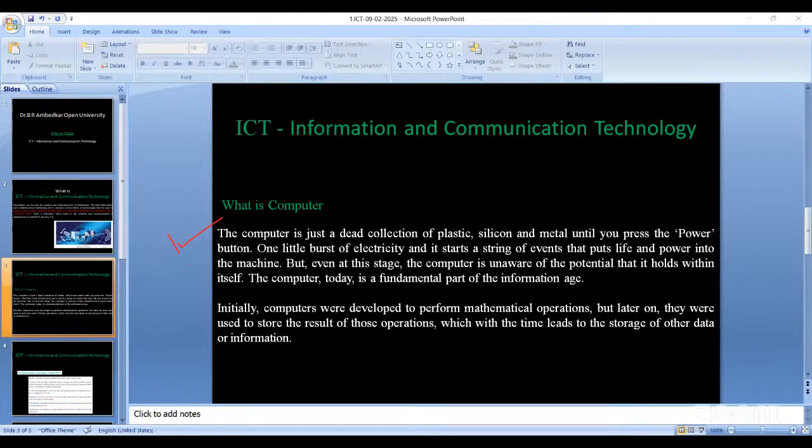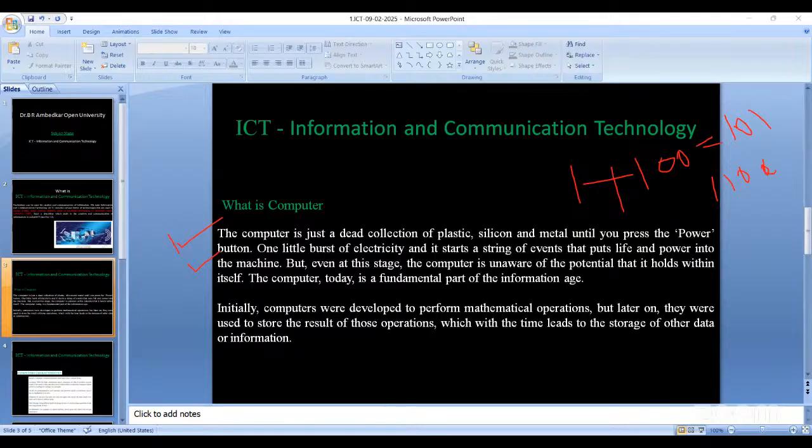Next one is accuracy. Accuracy means without mistakes. Without mistakes, we call it accuracy. For example, again 1 plus 100. Somebody will say it is 101. Somebody will say it is 1100.